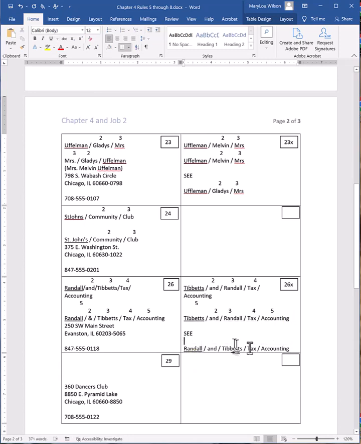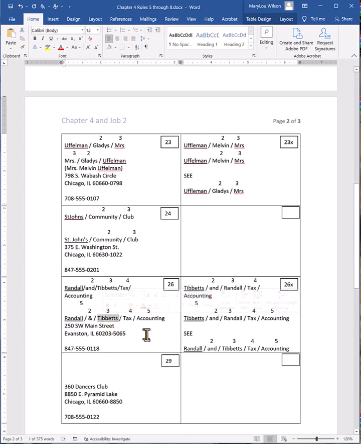Randall and Tibbetts accounting. So it's a compound name, and we want to do a cross-reference for that part of the name, that second name in there that you don't see easily.